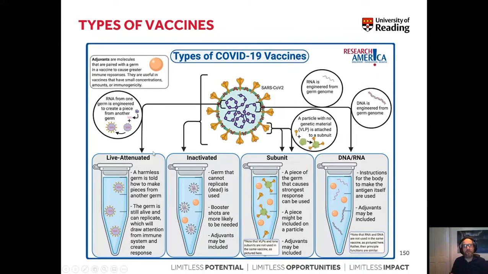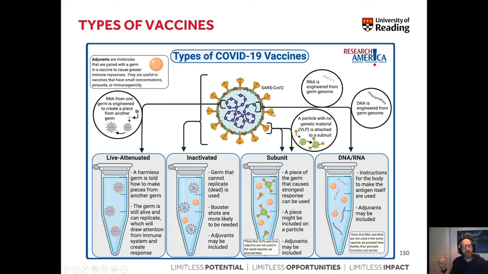There are approaches of developing a live attenuated form of vaccination, where a harmless germ is told how to make pieces from another germ, and indeed similar but unrelated viruses are used to present spike proteins of the COVID-causing virus SARS-CoV-2.